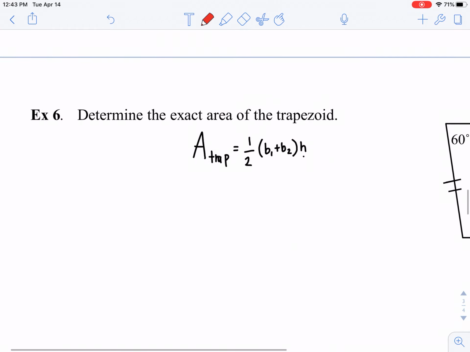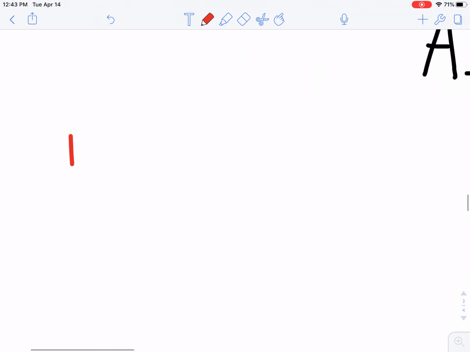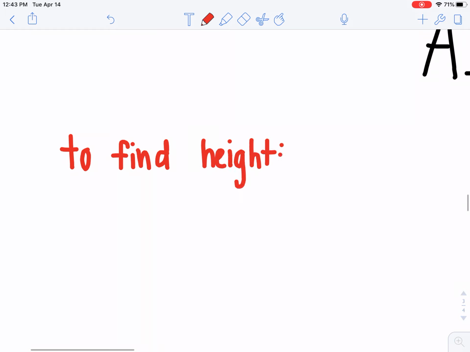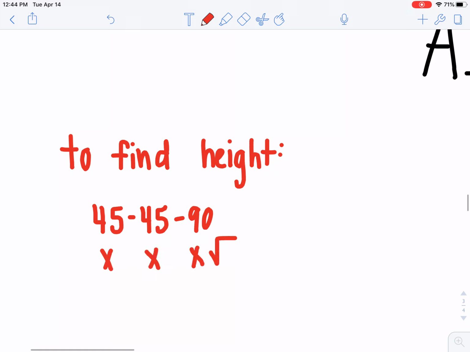So off to the side, to find my height, we have a 45, 45, 90. And we usually say this is my x, this is my x, and this is my x√2.